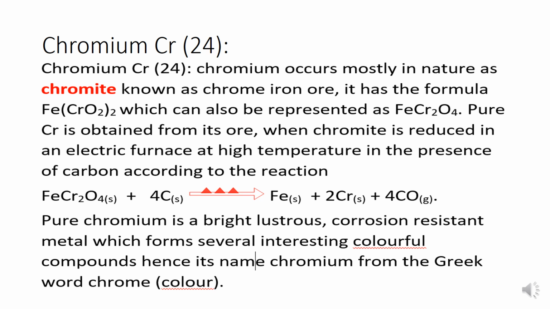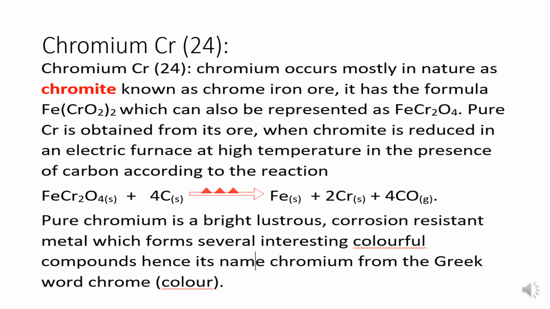Chromium occurs mostly in nature as chromite, known as chrome iron ore, having the chemical formula FeCr2O4. Pure chromium is obtained from its ore when chromite is reduced in an electric furnace at high temperature and in the presence of carbon, according to the equation below, where you see the red triangle indicating heat.